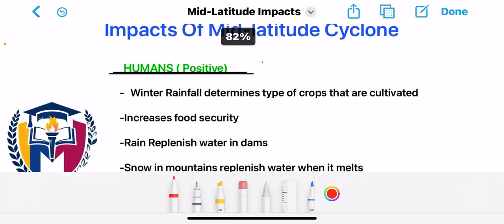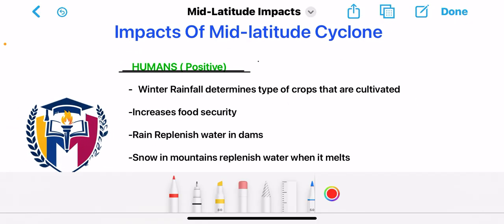Now let us go to the impacts of mid-latitude cyclones. We're going to start with the impacts on what? On humans. The positive impacts.